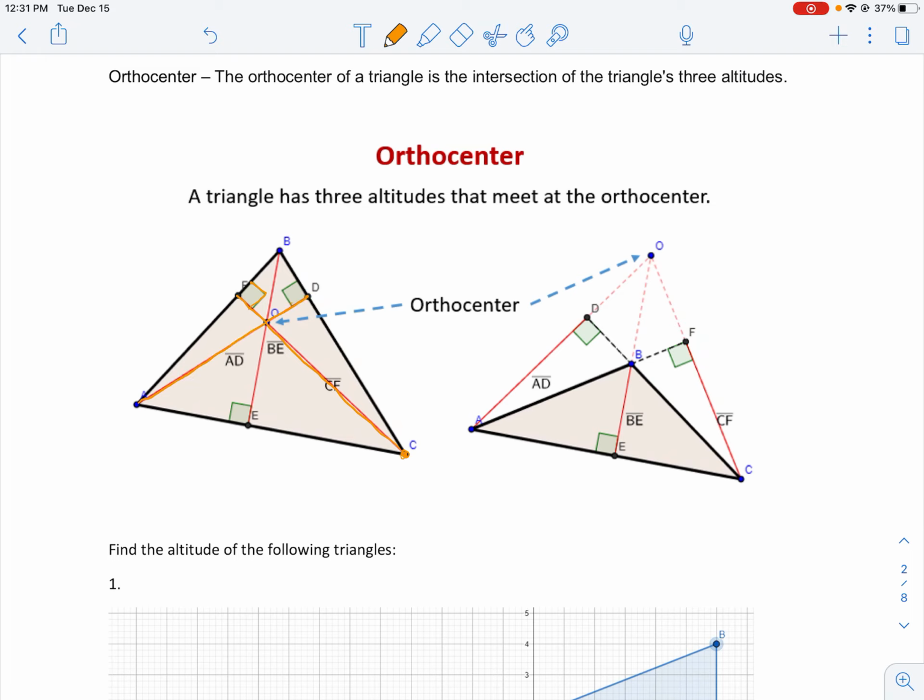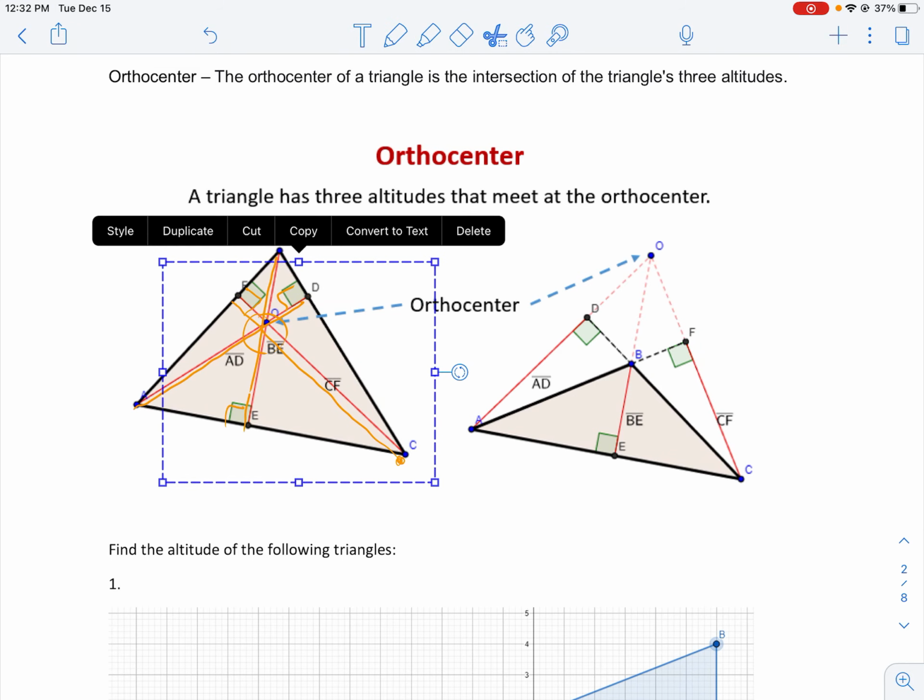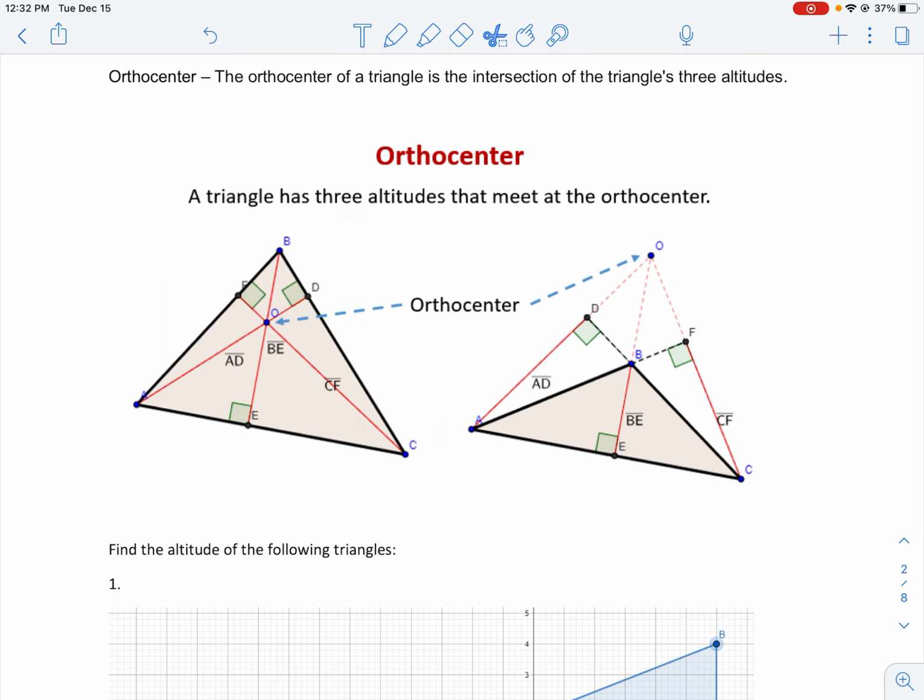Now again, these aren't bisecting. These are just the altitudes of your triangle, or another fancy word for that is your height. Remember, altitude and height are the same thing when we're talking about triangles. So a triangle has three altitudes that meet at the orthocenter. Sometimes that orthocenter can be inside the triangle, and sometimes it can be on the outside of the triangle.